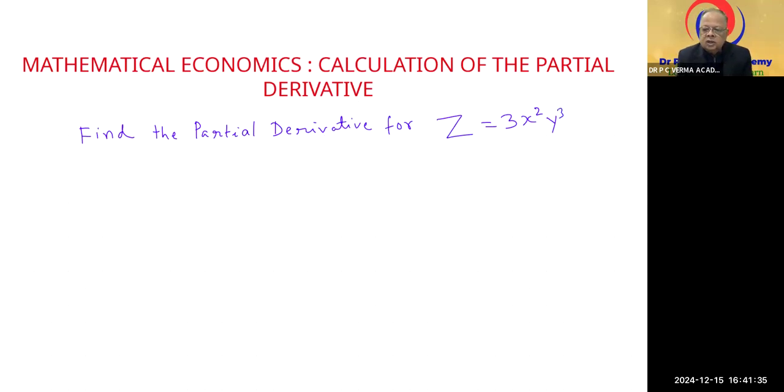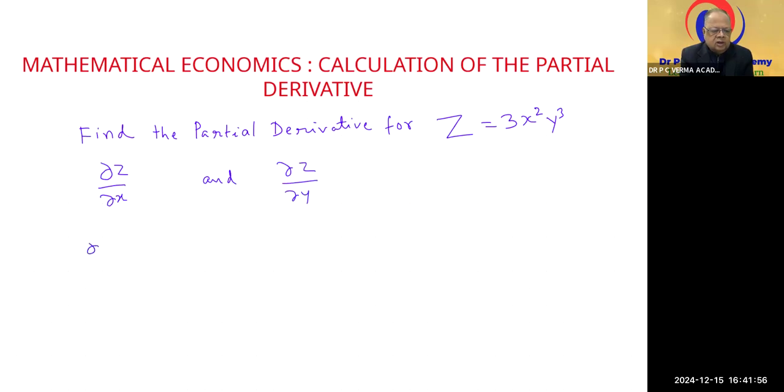In this case, 2 variables are there. So there will be calculation for del z by del x and del z by del y. Let us take first one.